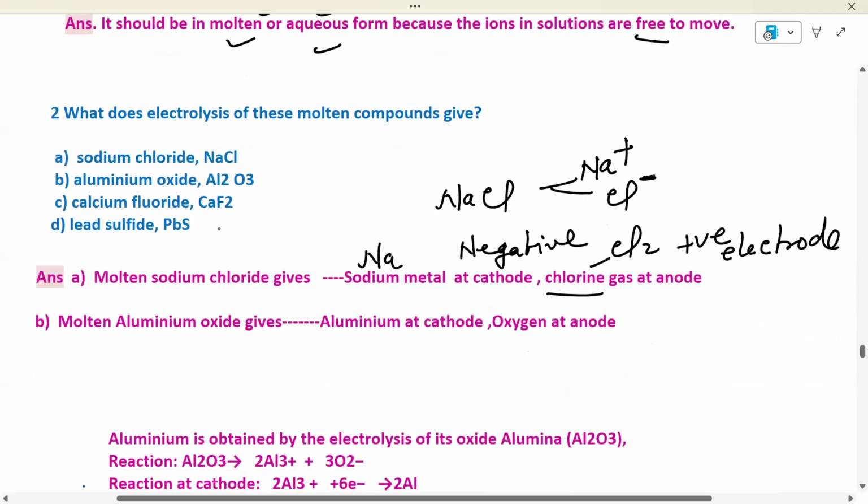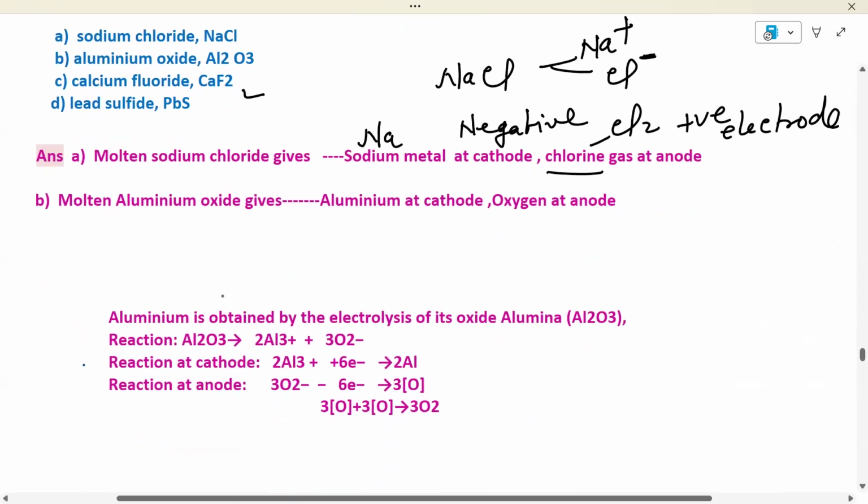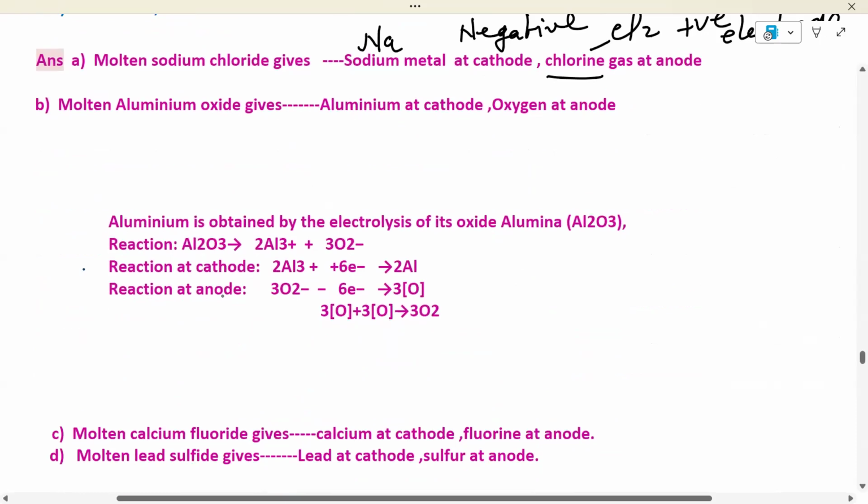Next is molten calcium fluoride. In molten calcium fluoride, calcium will move towards the cathode. Calcium fluoride is CaF2, right?